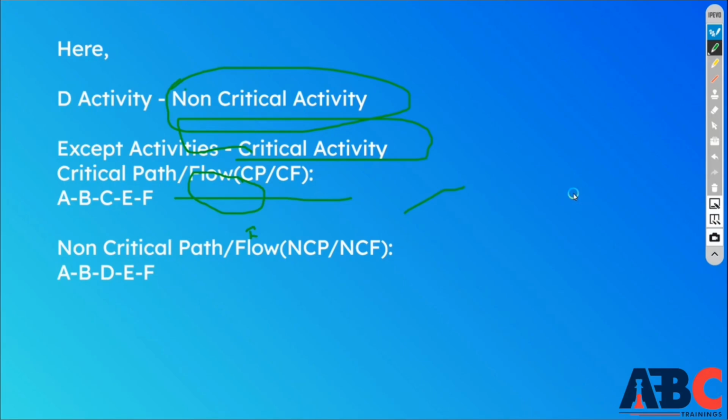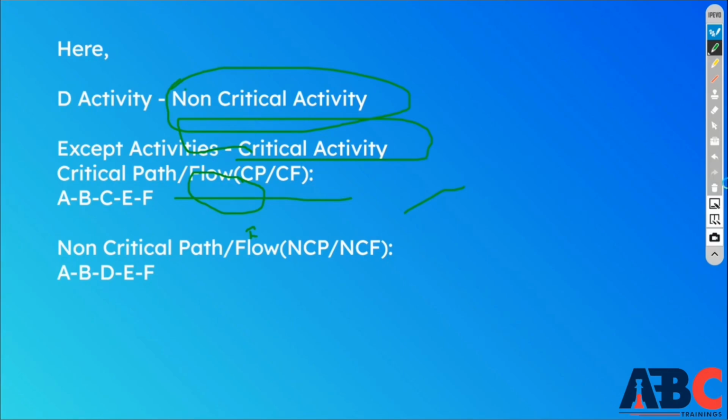So the flow of these critical activities is called the critical path, which goes from A to B, B to C, C to E, E to F. So this path is your critical path because there is no free float in it. And non-critical path means the flow of the rest of the activities; the upcoming activities will not be affected by it.